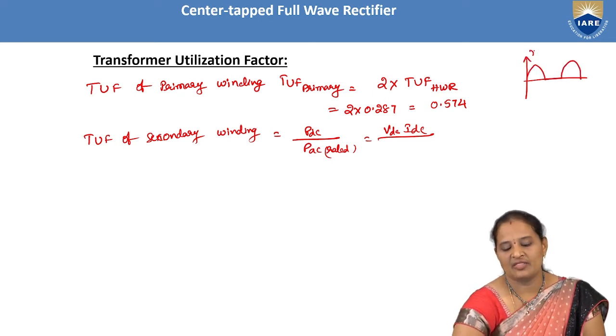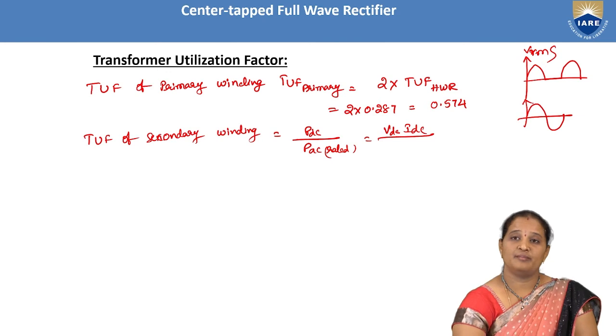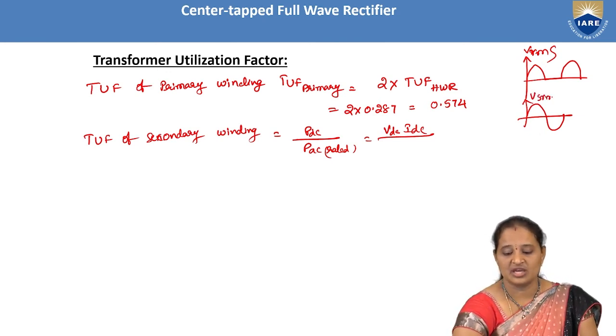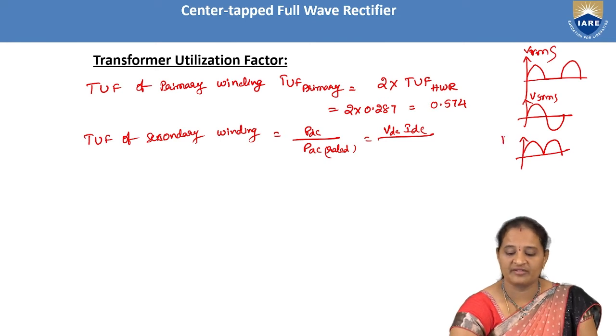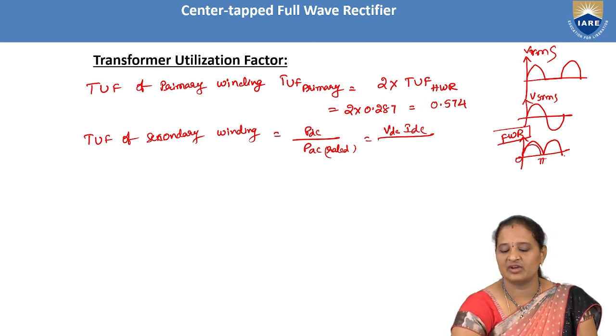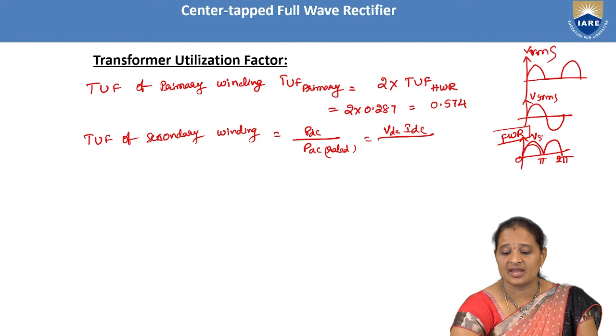That is why the RMS value of this one was different from the RMS value which we are getting from the secondary winding. This is VS RMS. These were different. But in this case, the output voltage across the load resistor of a full wave rectifier is this one. It also has two cycles, either a positive half cycle or a negative half cycle. We have two cycles. Anyhow, we are going to find out VS RMS.